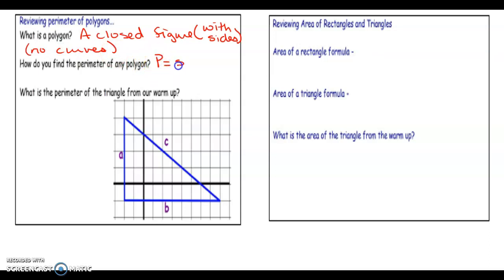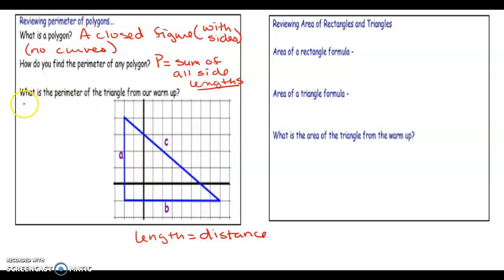Perimeter equals the sum, which means you add them together, of all side lengths. Length is the same thing as distance on the coordinate plane. The length of a side is the same thing as the distance between its endpoints.